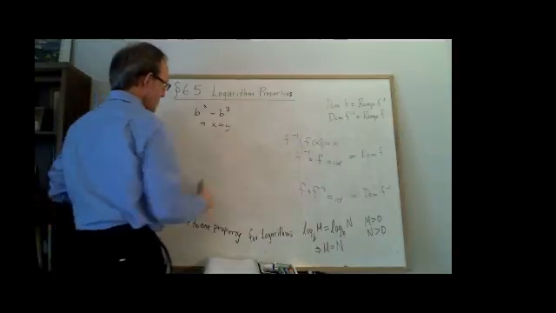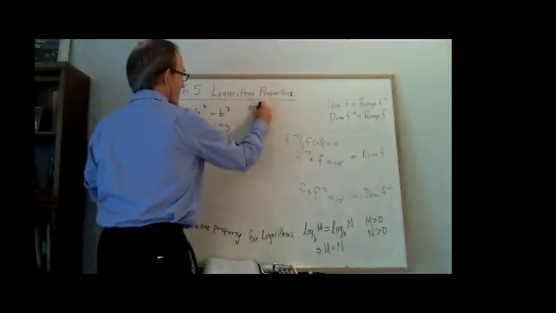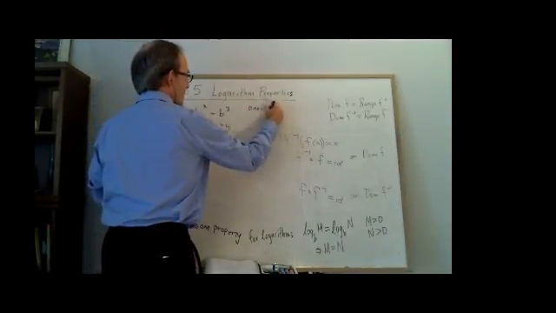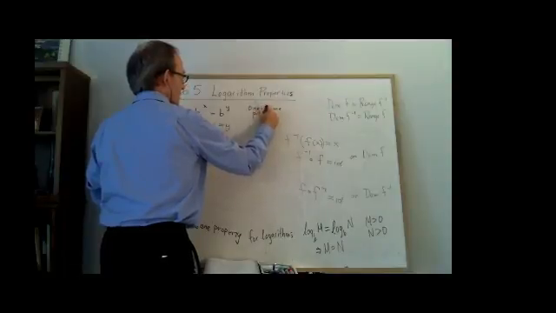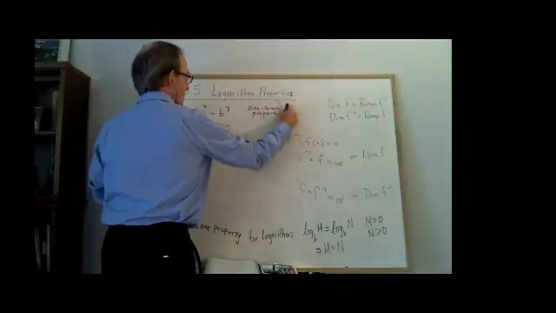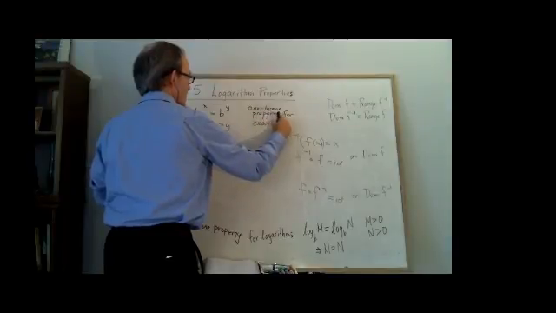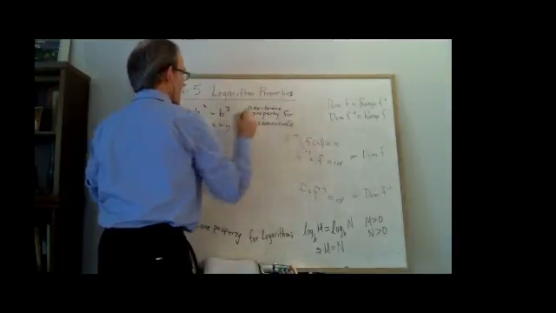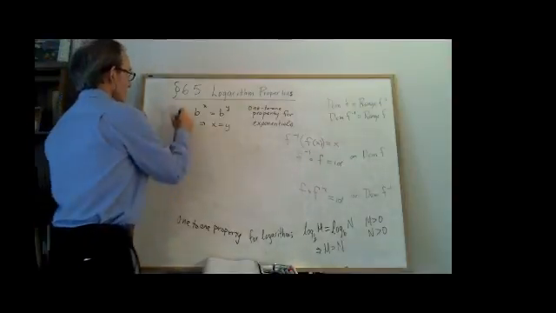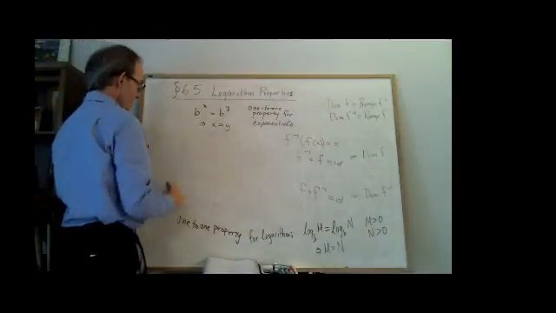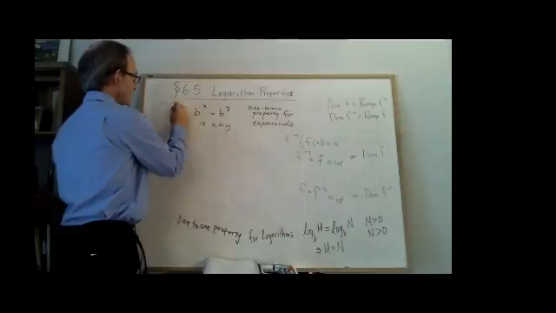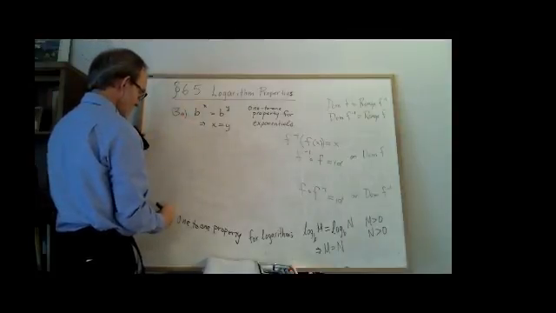That's the 1 to 1 property for exponentials. So let's call it 3a, and this is then 3b.